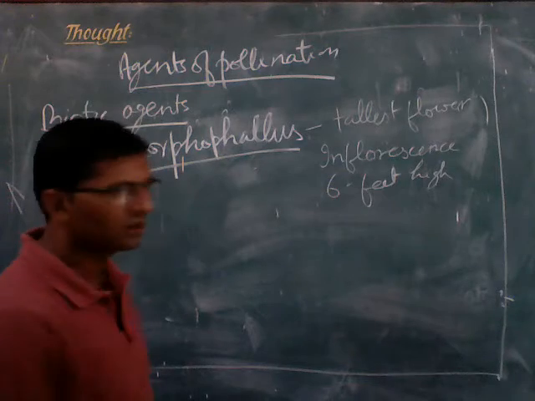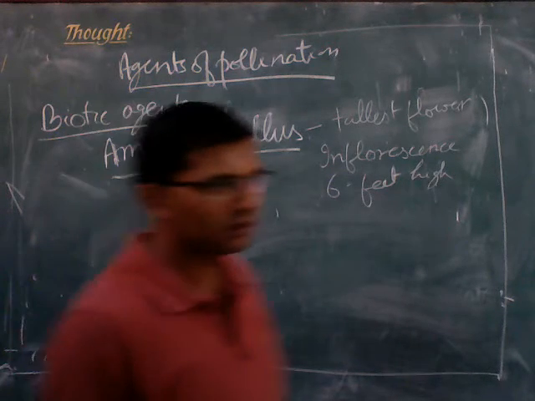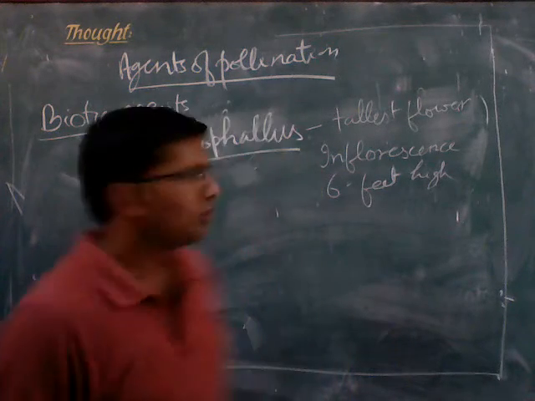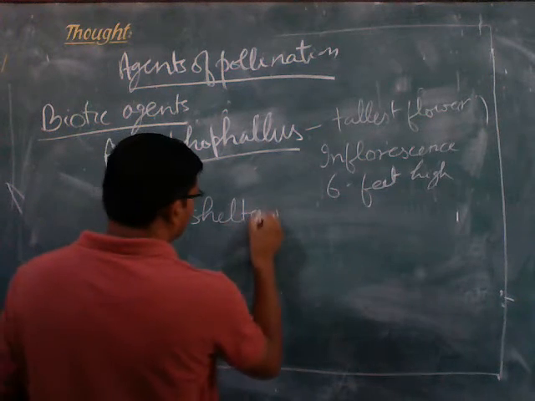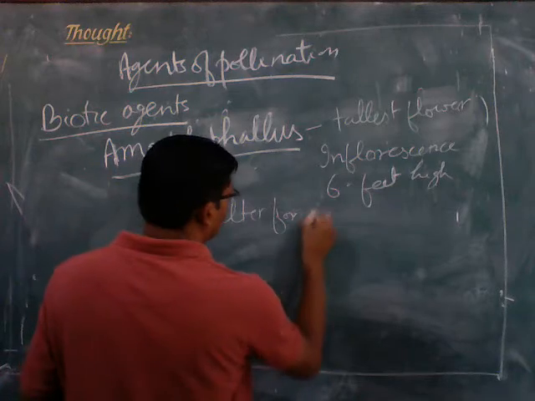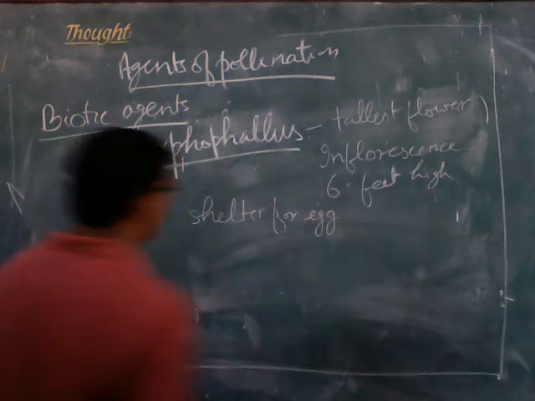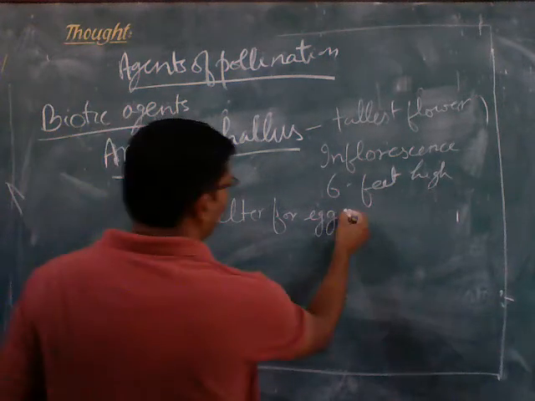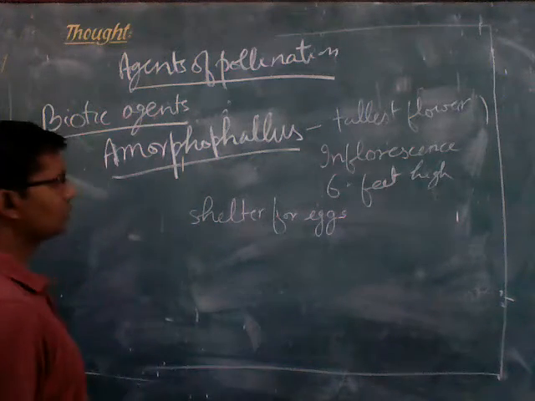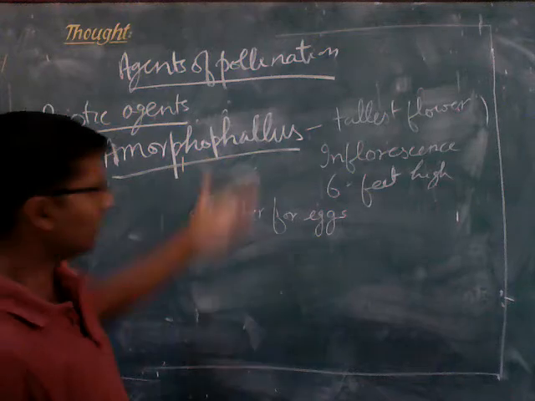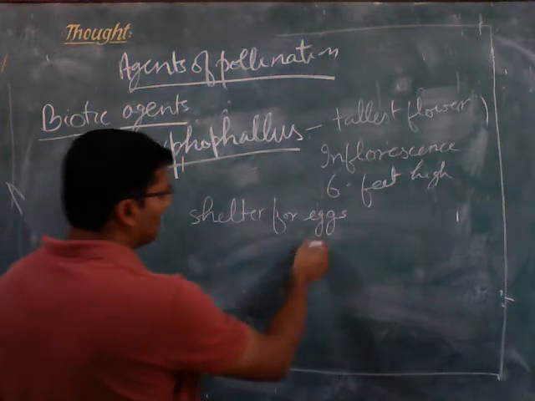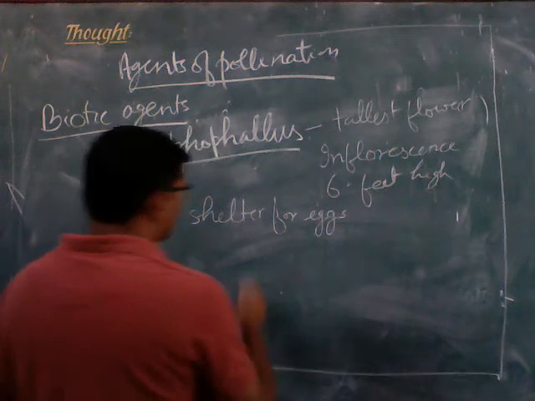So what happens is that there are certain species which visit it, and this Amorphophallus provides shelter for the eggs of that particular species. So these species come and visit the Amorphophallus, help in the pollination, and in return they get shelter for the eggs.